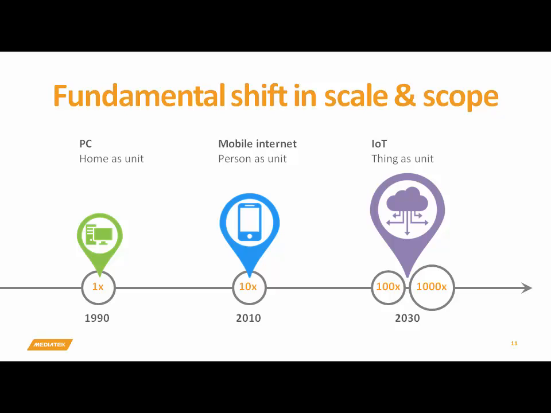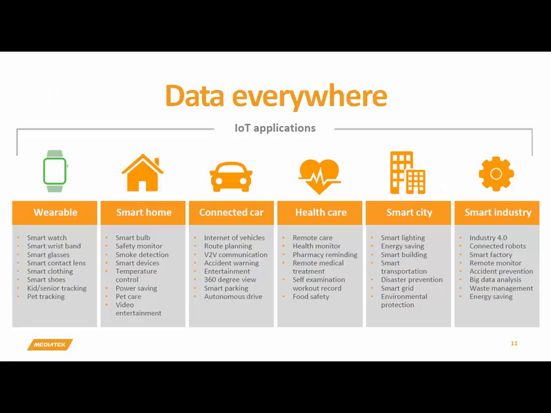Where's this all going to lead? Well, at MediaTek we look at a number of different verticals. We have 6 verticals that we refer to commonly: wearables, smart home, connected car, healthcare, smart cities and smart industry. And in each of those verticals you can see there are a number of solutions that fall into this, and the list that we have at the moment is not the full list. It's just a cross-section of what's common at the moment.